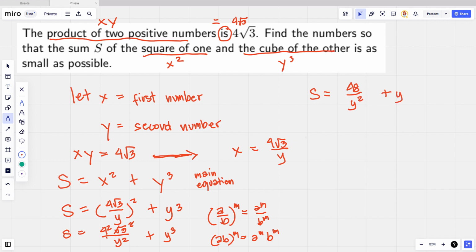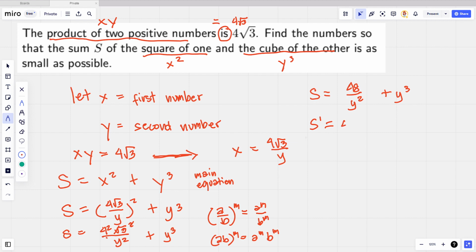plus y cubed. Okay, so this is now the equation that we need to differentiate, because it's already in one variable. We can now differentiate it. S prime is equal to 48 y to the negative 2.